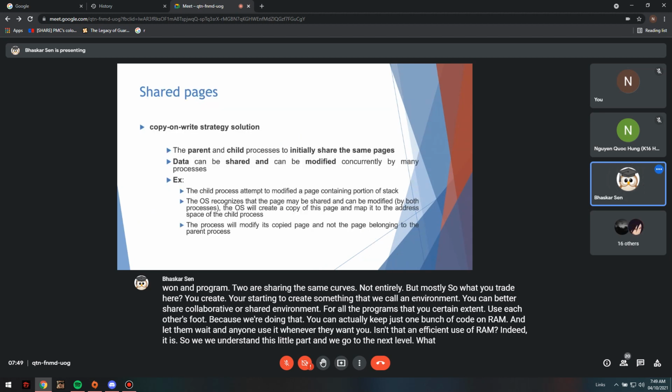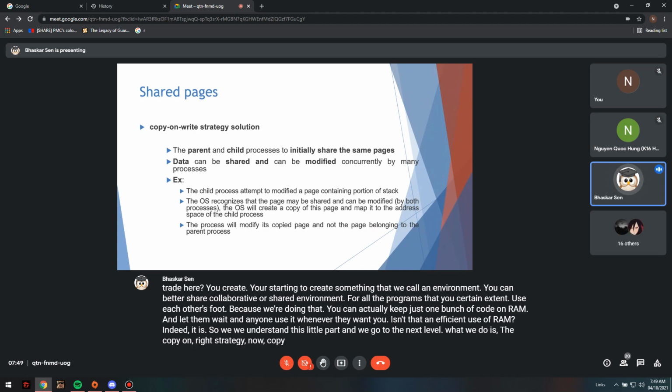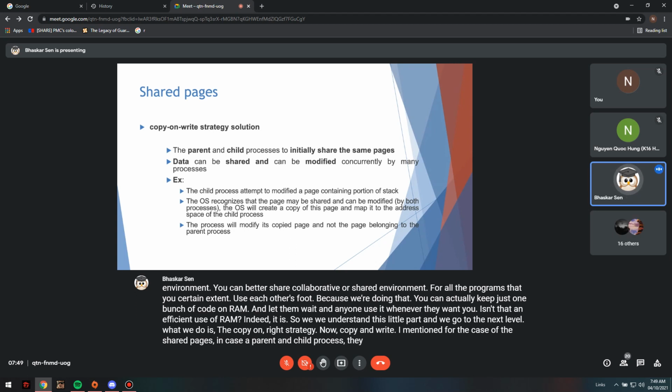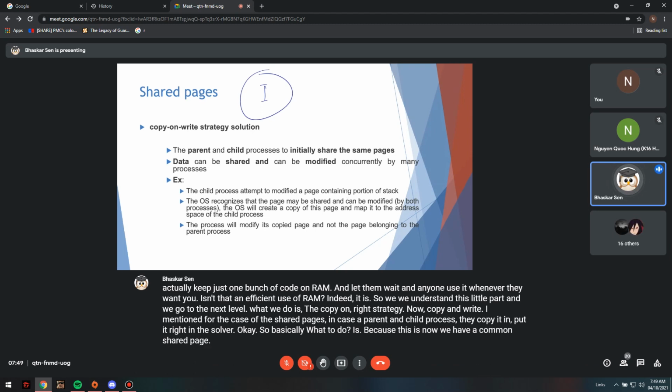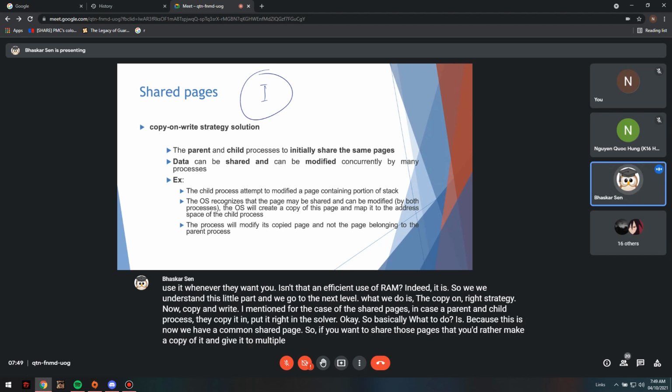What we do is a copy and write strategy. Now, copy and write, I mentioned for the case of the shared pages. In case of parent and child process, they copy it. So basically, now we have a common shared page. If you want to share those pages, then you'd rather make a copy of it and give it to multiple users.